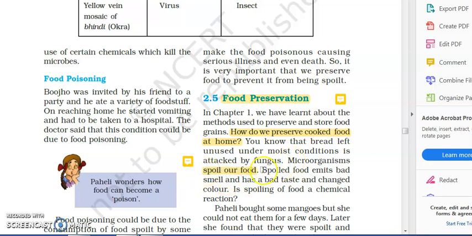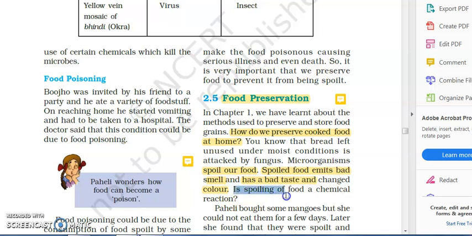When food is spoiled, it emits a bad smell, tastes bad, and the color of the food also changes.